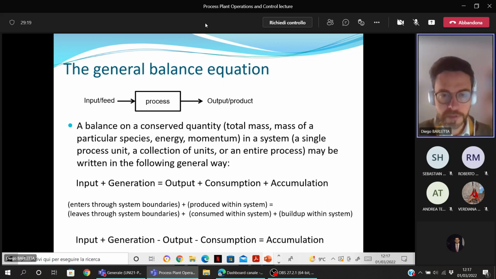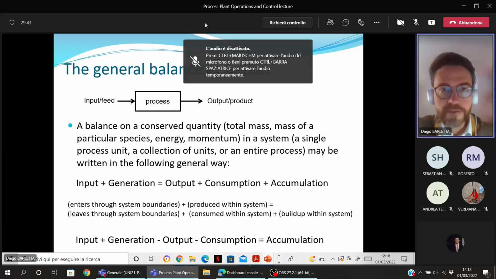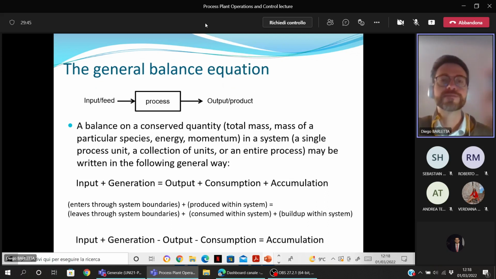And so we have input plus generation minus output minus consumption equal to accumulation. So the difference between input and output plus the difference between generation and consumption gives the accumulation. Okay, so this is the general balance equation. This applies for mass, but we will see that this general balance equation will apply also for energy.